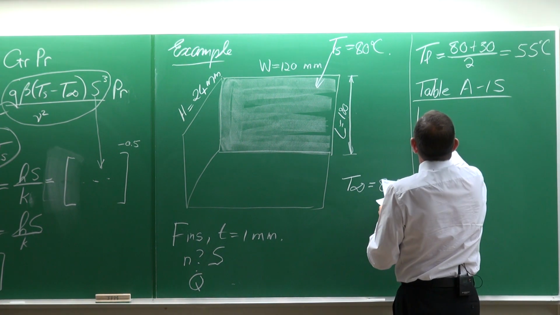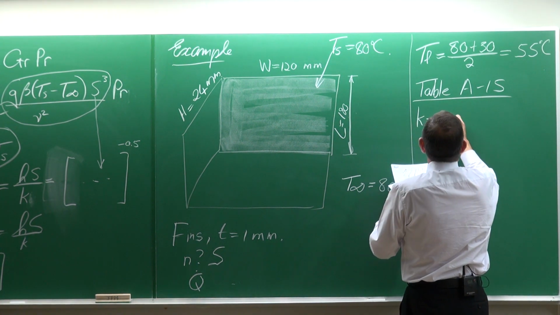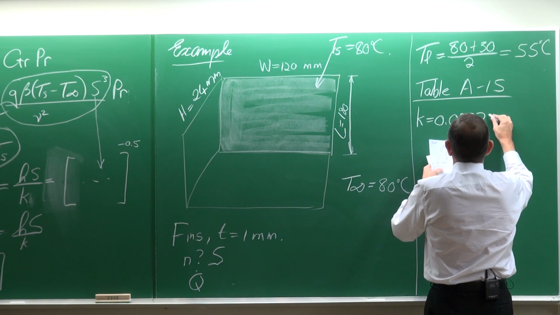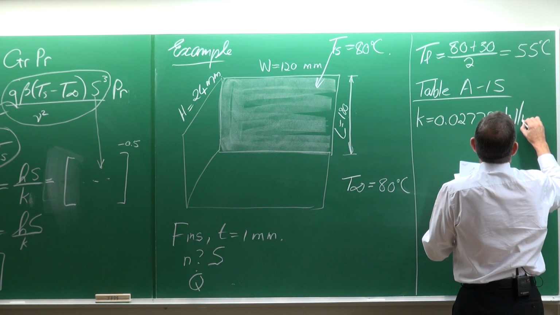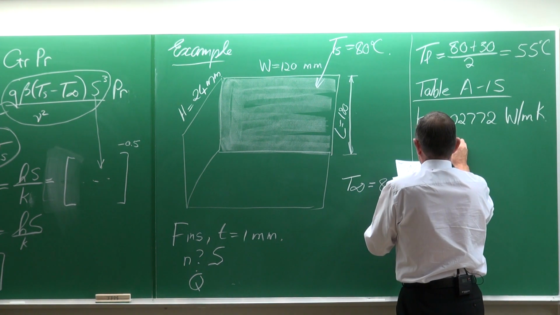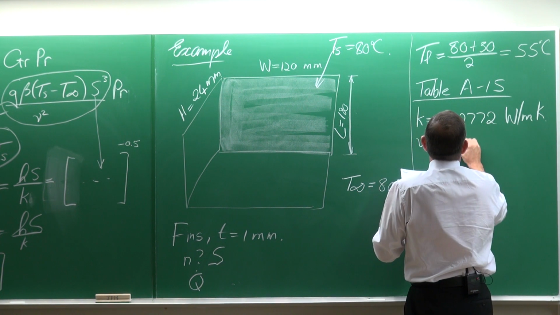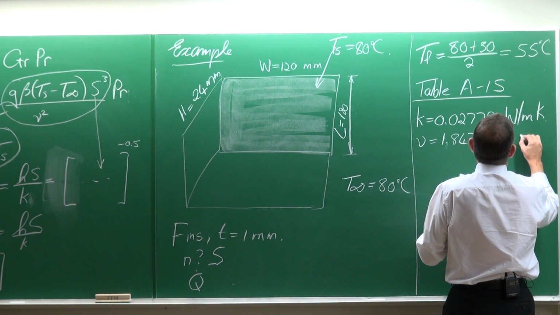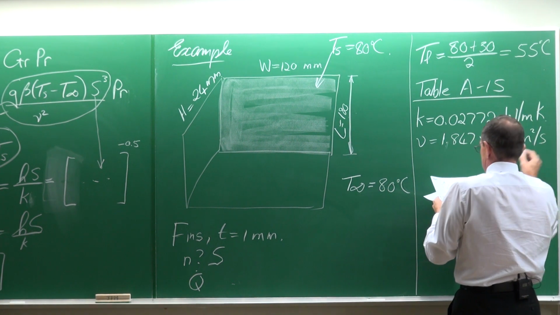Then you can determine the K value for the air is equal to 0.02772 watts per meter Kelvin. The kinematic viscosity is equal to 1.847 multiplied by 10 to the minus 5 square meters per second.